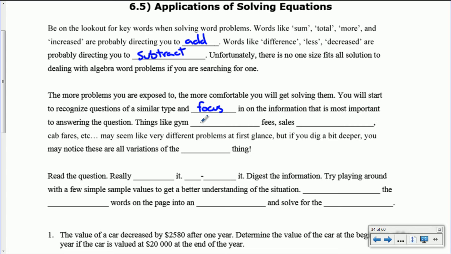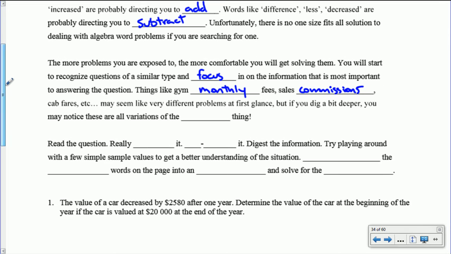So things like gym monthly fees, sales commissions, cab fares, that sort of thing might seem like really different concepts and different problems at first glance, but if you dig a bit deeper, you may notice that they are all variations of the same thing.